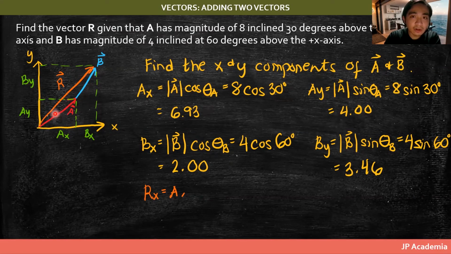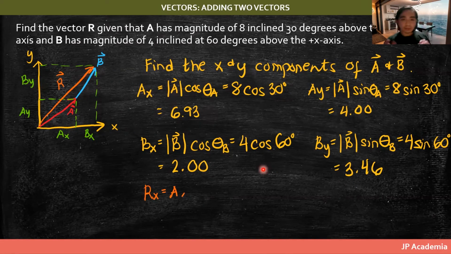So yung theta A dito, this is relative to your positive x-axis. Ganun din naman sa vector B. Yung theta rito, this refers to the angle relative to your horizontal or positive x-axis. So we have the following. Straightforward naman yan. So A sub x, B sub x, which is 2. Walang units. A sub y, 4. Then B sub y, 3.46.